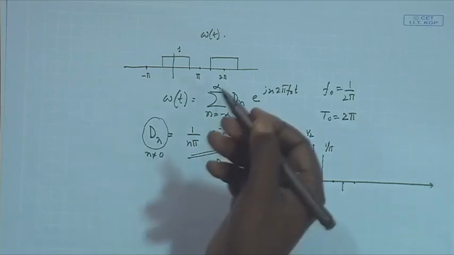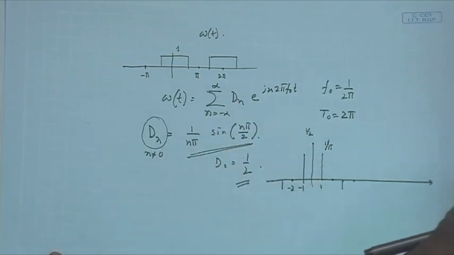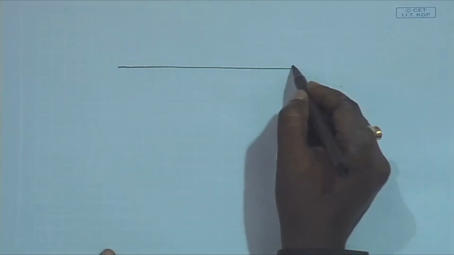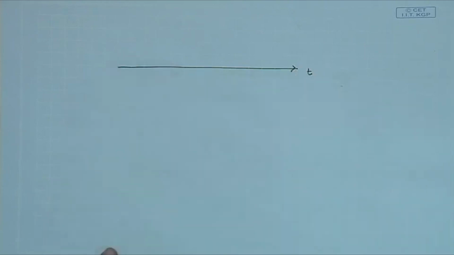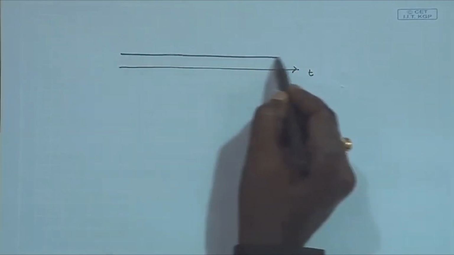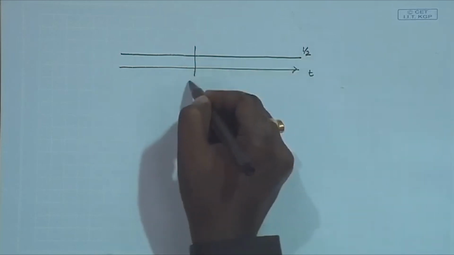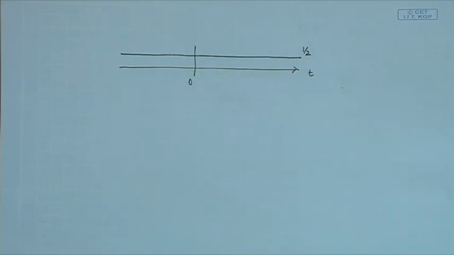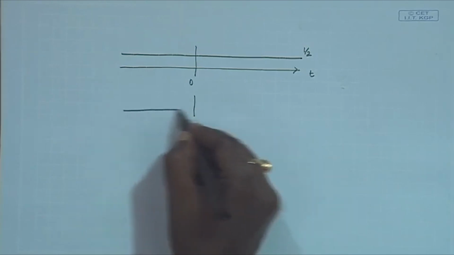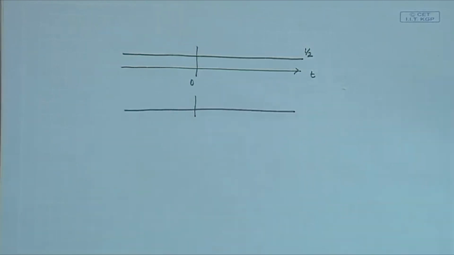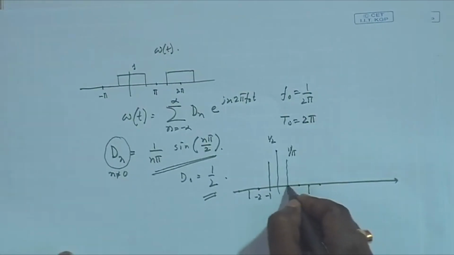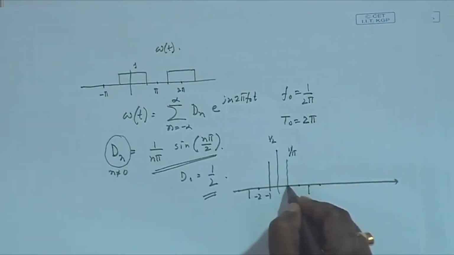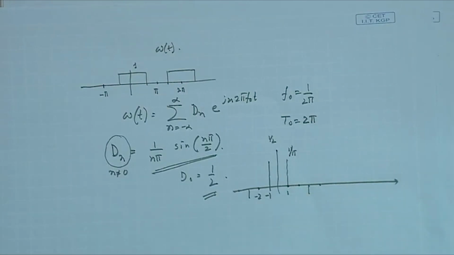So, if you wish to plot this, it should be something like this, all the basis functions. First d_0, in time, is actually a half-strength DC, where the strength is half, defined from minus infinity to plus infinity. Next is at frequency 1 Hz. So, it is a sinusoidal, or we should say cosinusoidal, with amplitude 1 by pi.